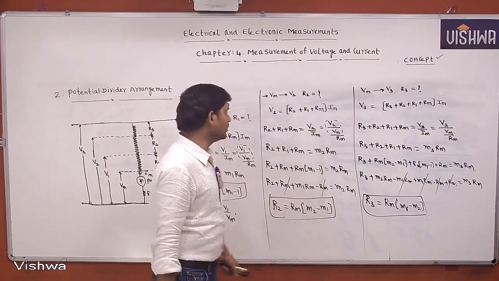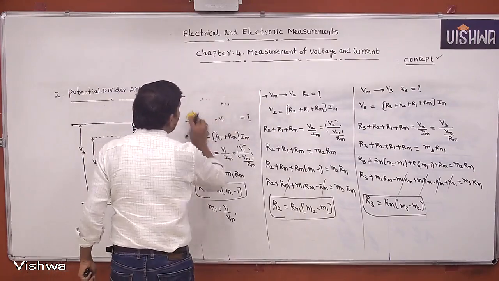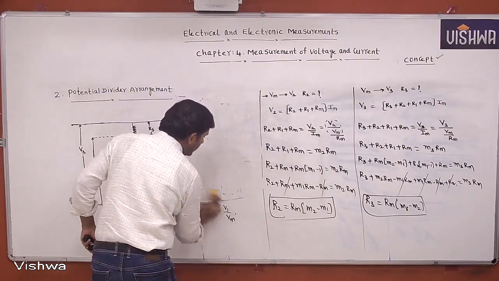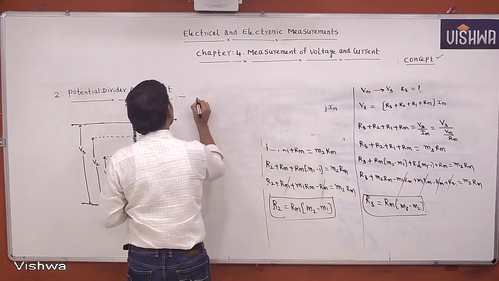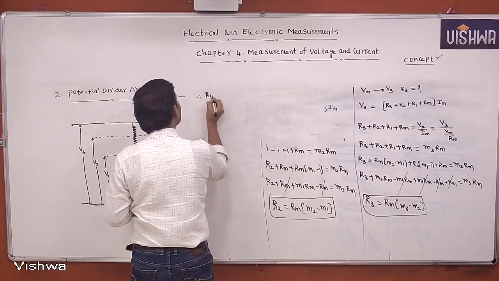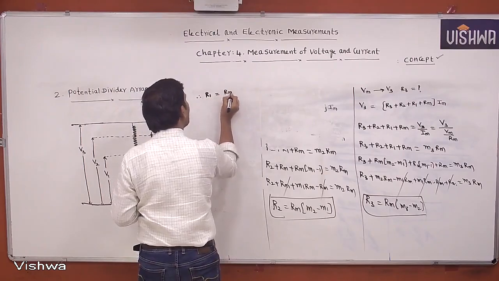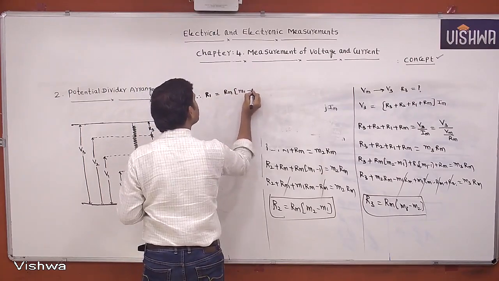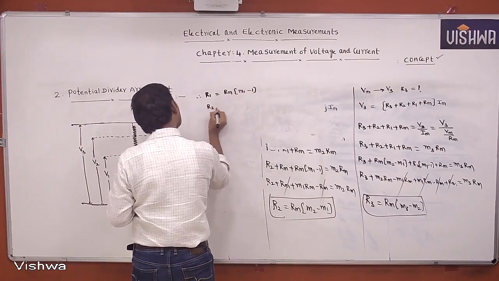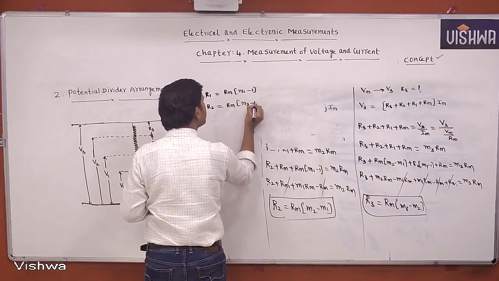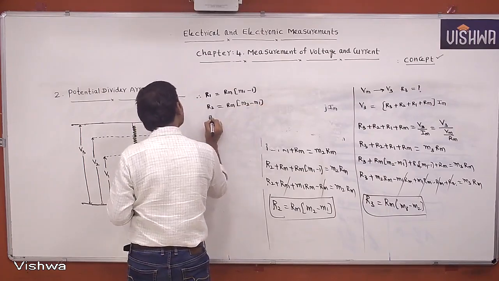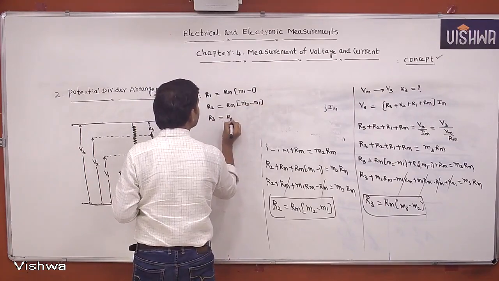Now you tell me. Then the final summary I am writing here. Therefore, in potential divider arrangement, R1 equals Rm into M1 minus 1. Then what is R2 equal to? Rm into M2 minus M1. What is R3 equal to? Tell me.